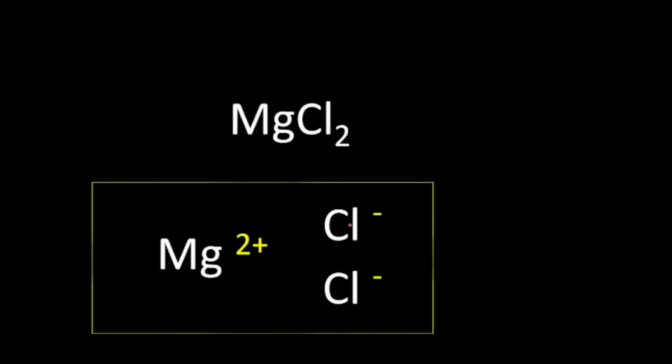So in magnesium chloride, we have two positive charges and two negative charges. These two negative charges come from these two chloride ions. So the overall charge of this compound is 0. So we can say that this ionic compound is also electrically neutral.